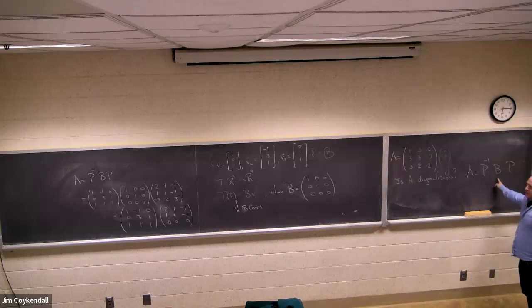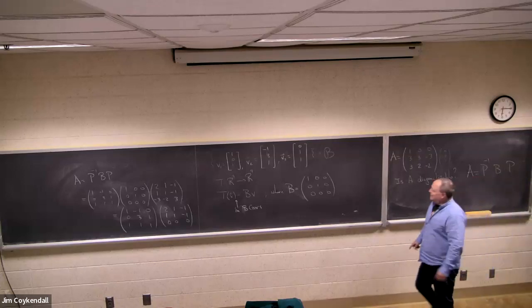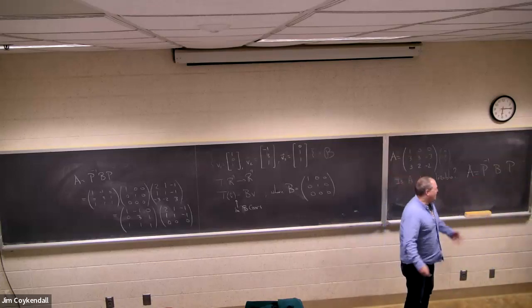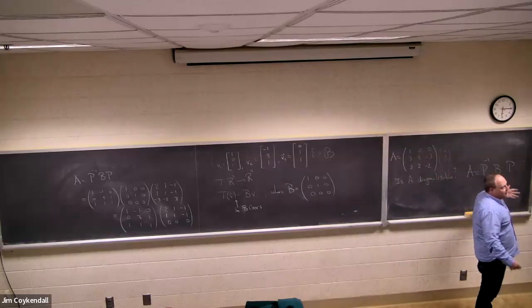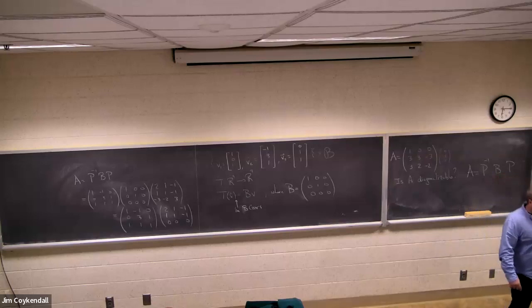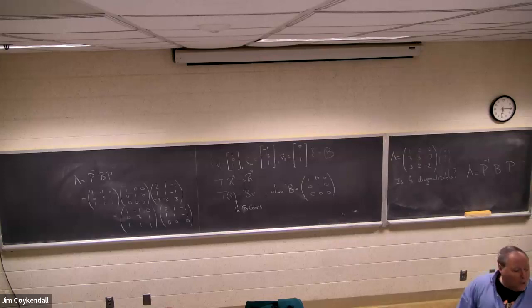What's true about B? Diagonal. It's diagonal, right? There you go. So it is a conjugate, if you will, of a diagonal matrix, so it's diagonalizable by definition. No work is needed. But then I up the voltage and I say, is it orthogonally diagonalizable? Very quick answer: no. Why is that?